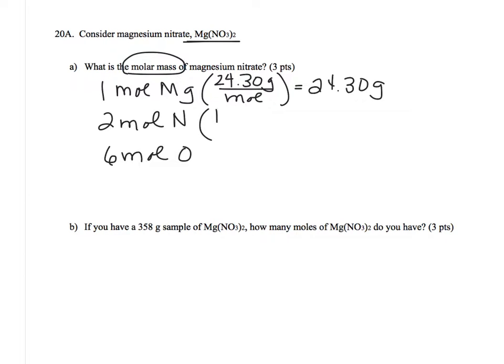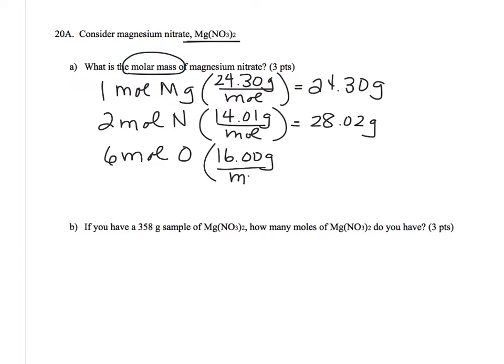2 moles of nitrogen, each one is 14.01 grams per mole. And again, these are numbers we got from the periodic table. So that's 28.02 grams. And 6 moles of oxygen at 16.00 grams per mole.